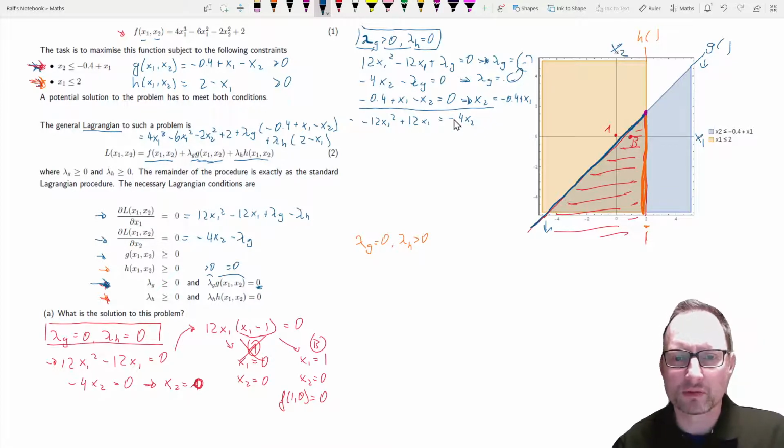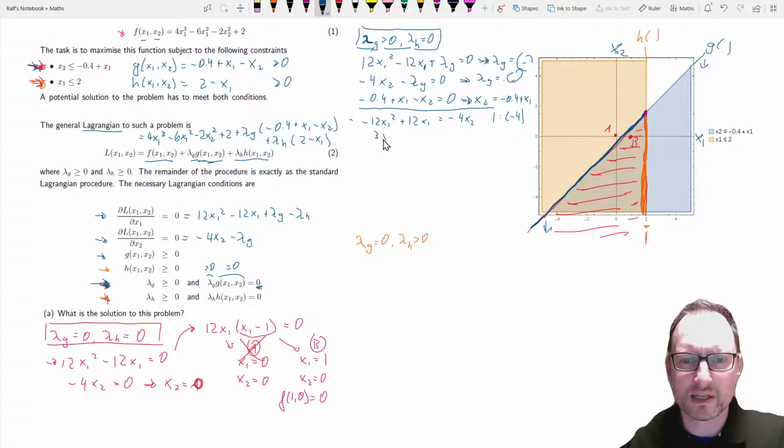Actually, before we do that, we'll simplify that. We'll divide this by negative 4, just to make it look a little easier. We then get 3x1 squared minus, because I divided by minus 4, minus 3x1 is equal to x2. And now we use what we found here.